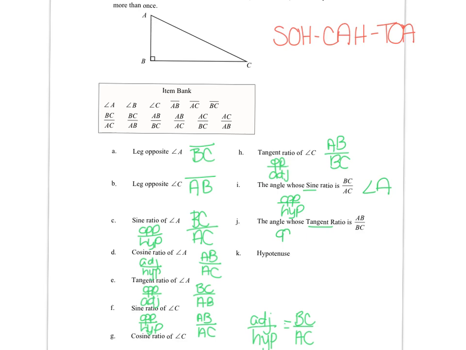Tangent is opposite over adjacent. So we're looking at which angle has an opposite that's AB and an adjacent that's BC, and that would be angle C. Finally, our hypotenuse is always the side opposite the right angle, which is AC.